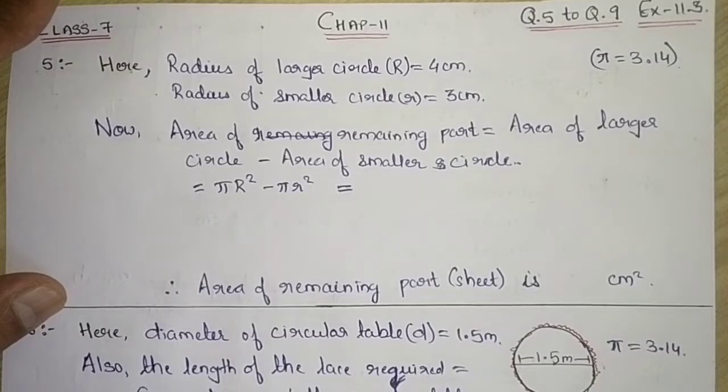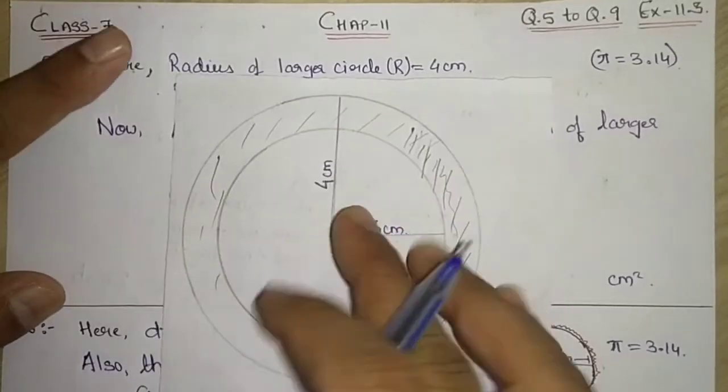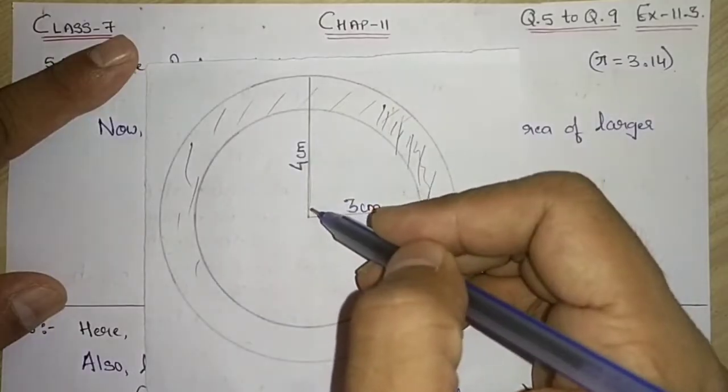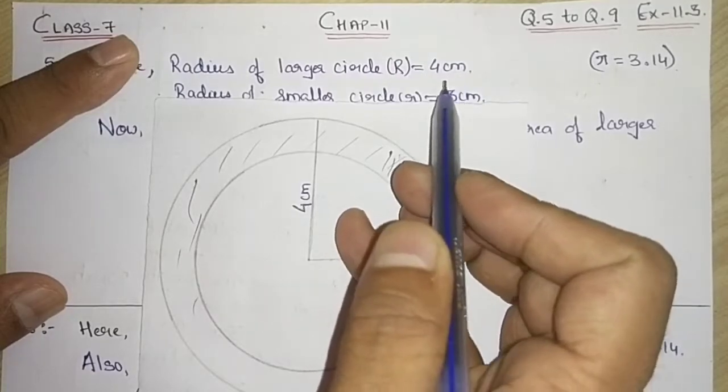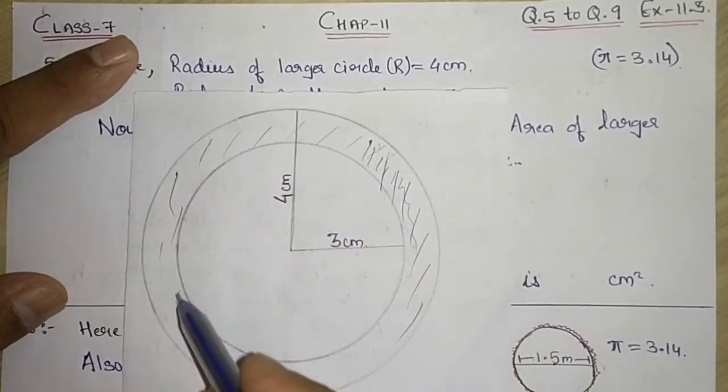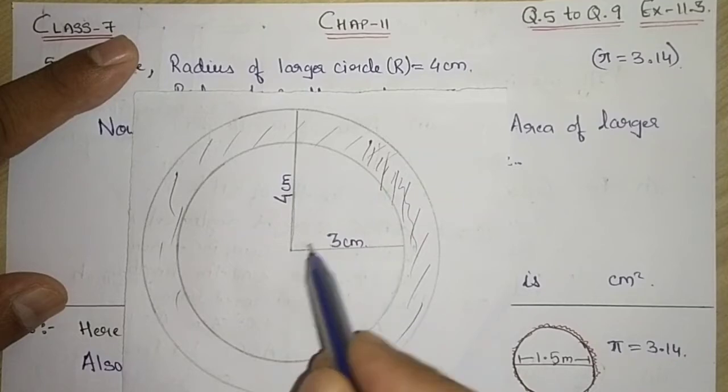So how will we solve? We will first write whatever they have given us. They have told that the radius of the larger circle is 4 centimeter, and that of the smaller circle is 3 centimeter.